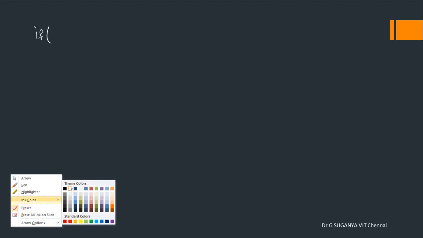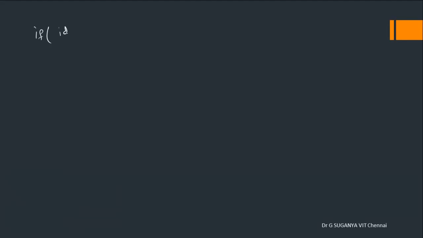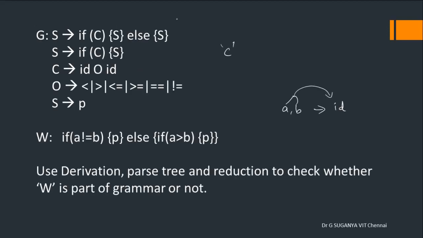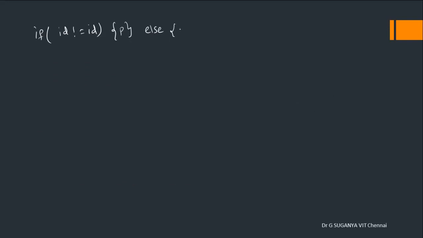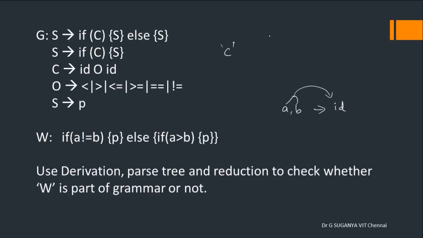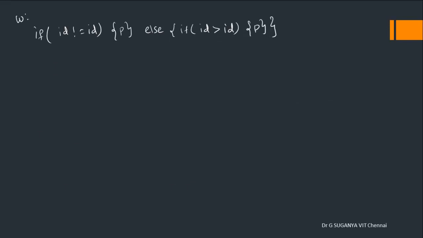So we can rewrite it like: if left bracket id not equal to id, p, else if id greater than id, p. This is the word that we have to consider.